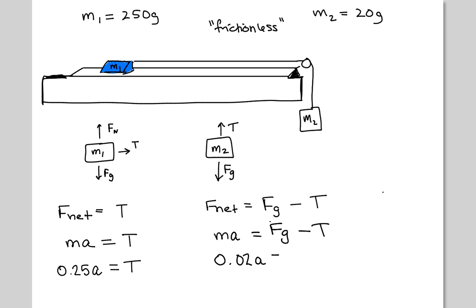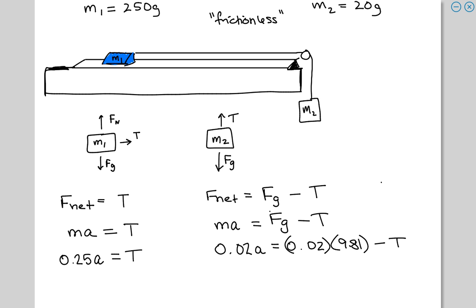So 0.02 A is equal to, and what's FG going to be? 0.02 times 9.81 minus T. Let's simplify that. What's 0.02 times 9.81? We have 0.1962.